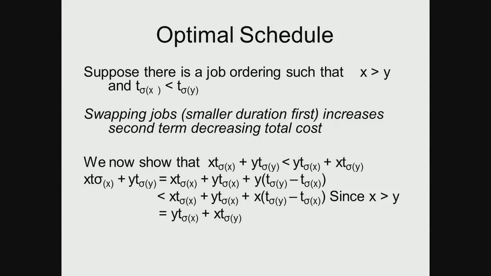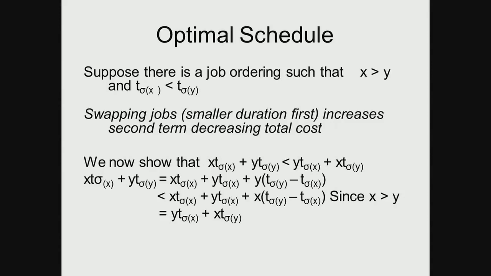So, let us try the most natural thing, let us exchange the positions of the two jobs. In other words, we exchange the position of the job in position sigma of y with the position of the job sigma of x, and let us see how it changes the duration. We should just go back to the formula and observe that the terms just change by modifying the multipliers appropriately.